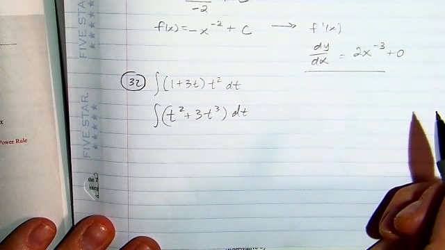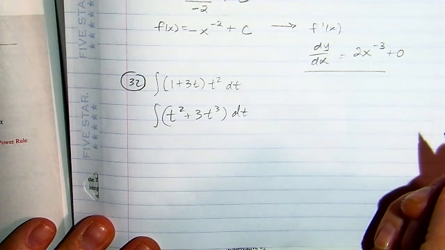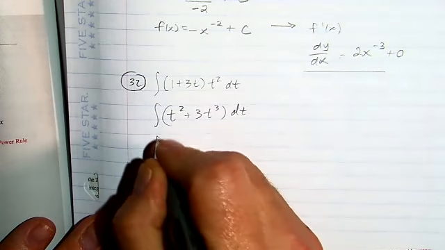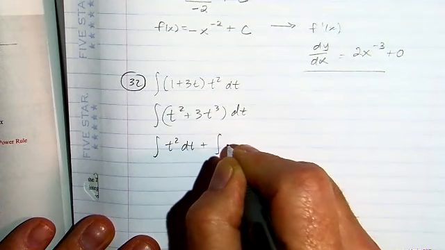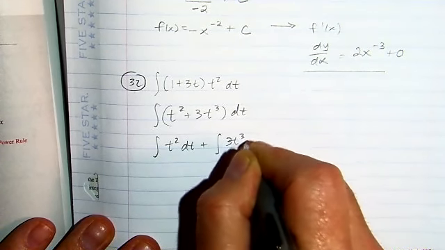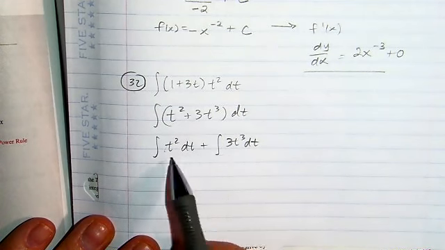If you look back in the integration rules on page 250, you're going to see one that basically tells us the integral of a sum of functions you can break apart into 2 like this. So if we have this sum right here, we can break it up like this.